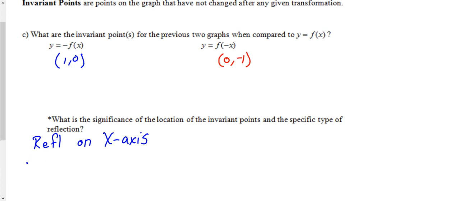So your invariant points are found on your x-axis.